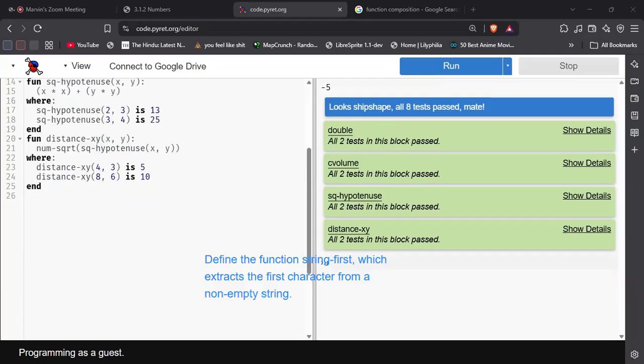Yeah, when you're ready, we have our next problem. String first. I really don't know how to do this. It's okay.